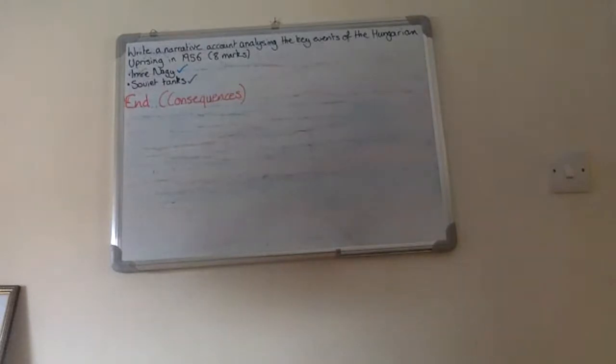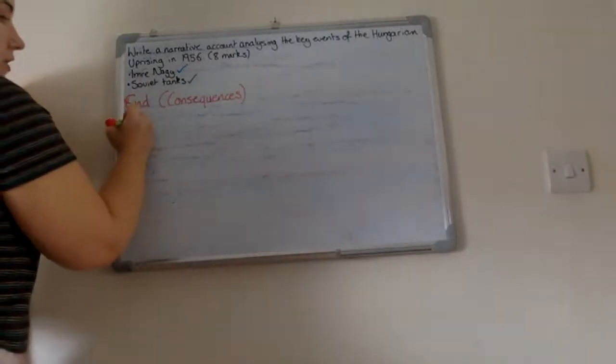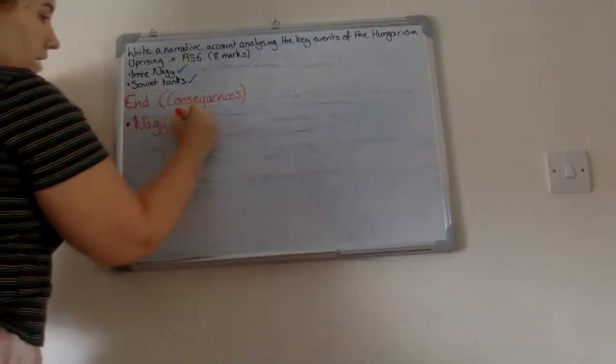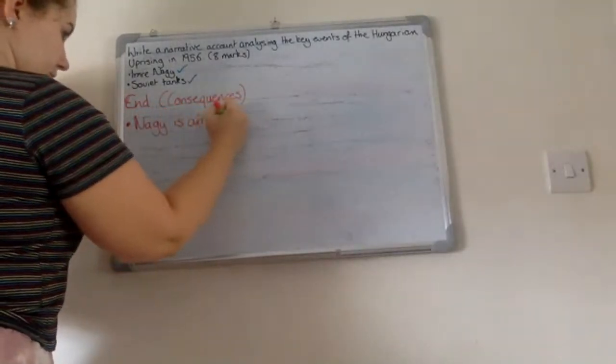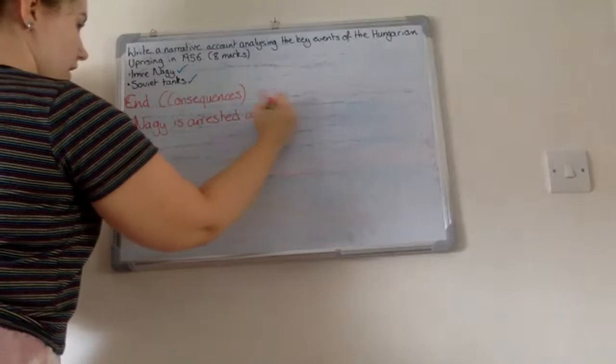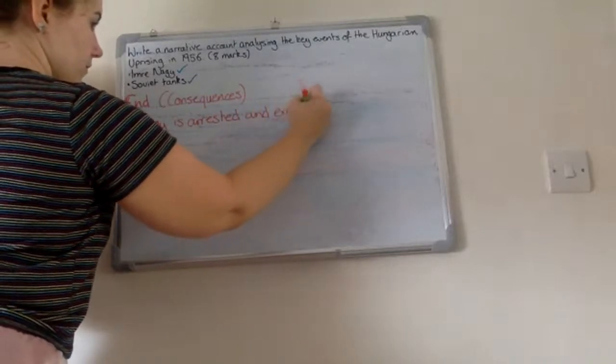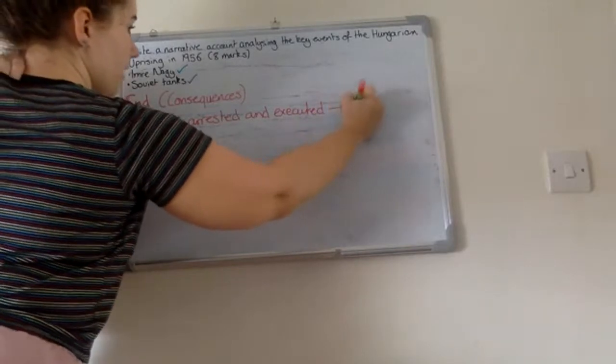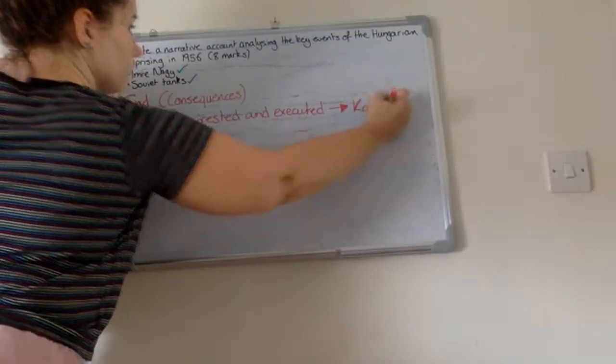Right. So we know that Nagy is arrested and executed, and he's replaced by a guy called Kadar.